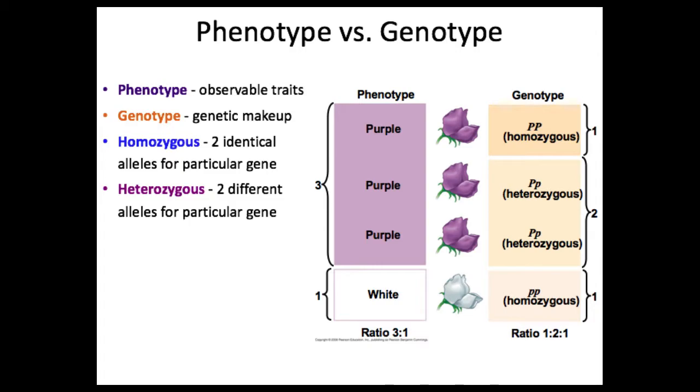If the organism is homozygous, meaning they carry two identical alleles for a particular gene, then the flower is either purple if they're homozygous dominant, or white if they're homozygous recessive. However, if they are heterozygous, they are going to be a purple flower because they carry a copy of the dominant and recessive allele, but the dominant allele is the one that is expressed.